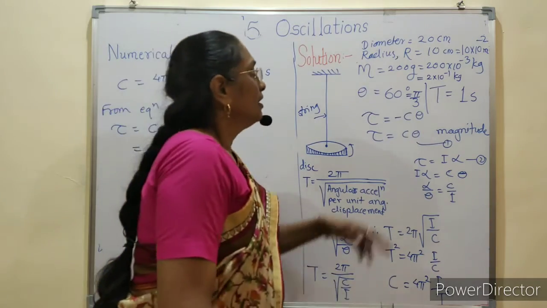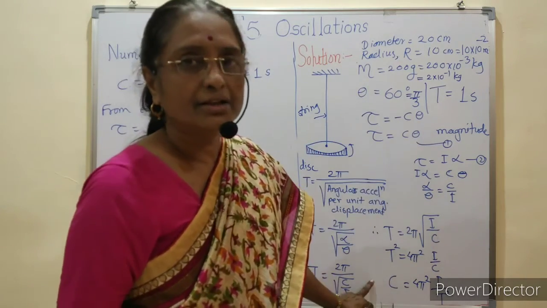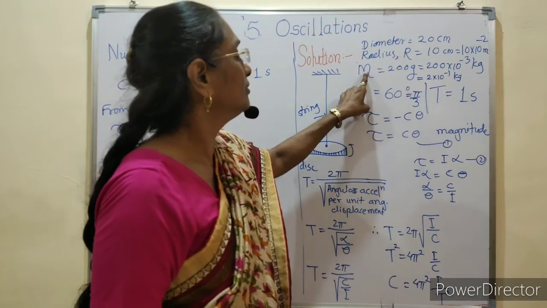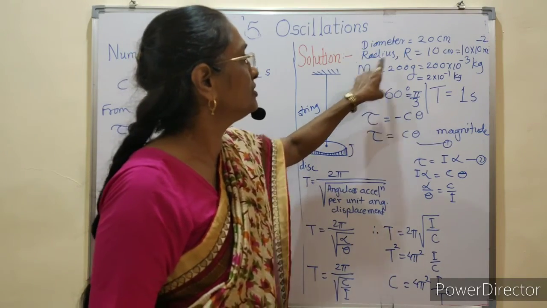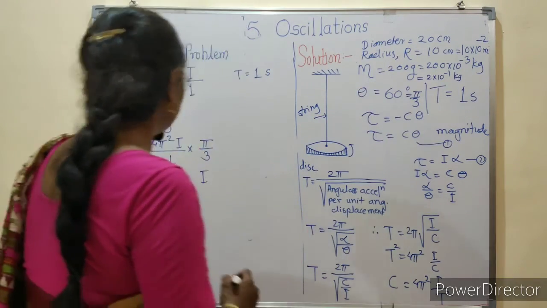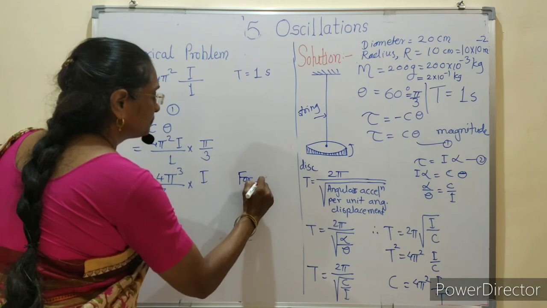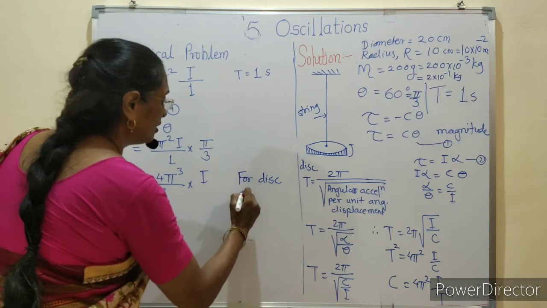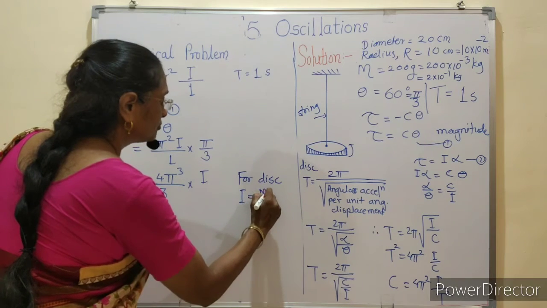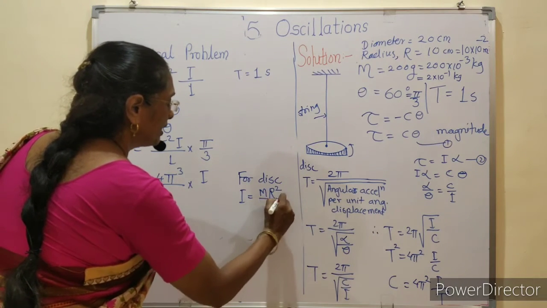Here I is not directly given, but the quantities M and R are given. For the disk, we have studied moment of inertia in rotational dynamics.